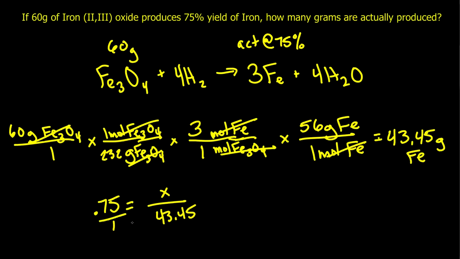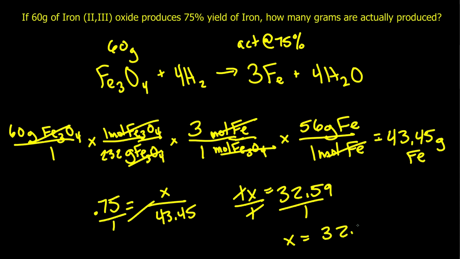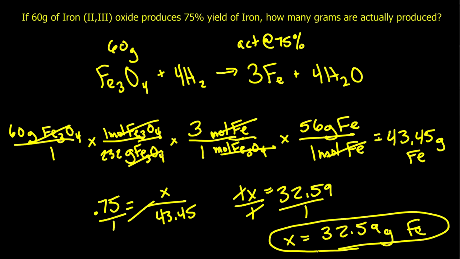Stick that over 1. 1 times x is 1x. 43.45 times 0.75 gives me 32.59. Divide by the value with x. 1 cancels out. X is 32.59 grams. That's going to be iron. So there's our answer.